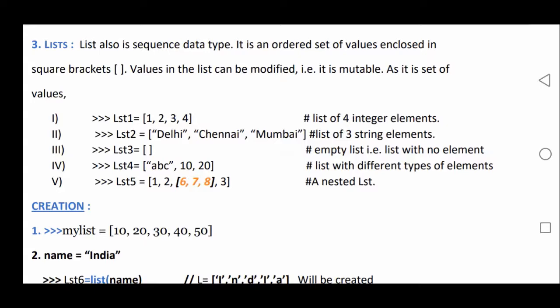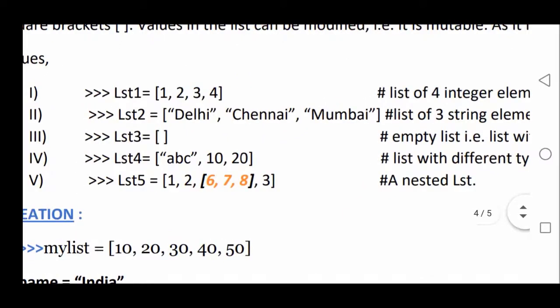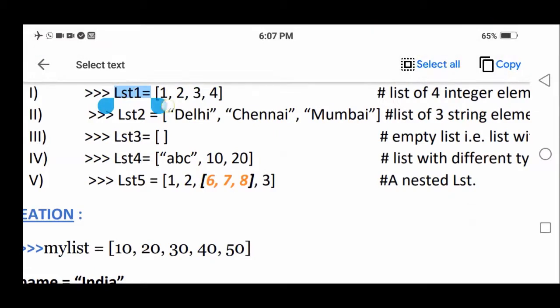So we have taken some examples to create lists. Here list 1 is being created and has 4 members in it, 1, 2, 3, 4. So it's a list of 4 integer type elements because only 4 integers have been passed.